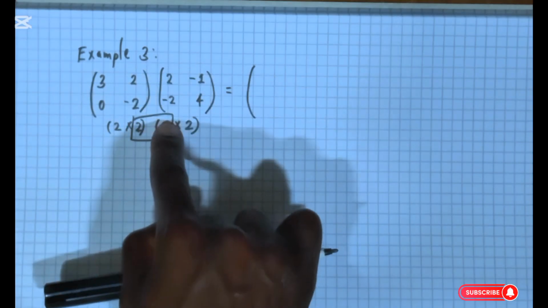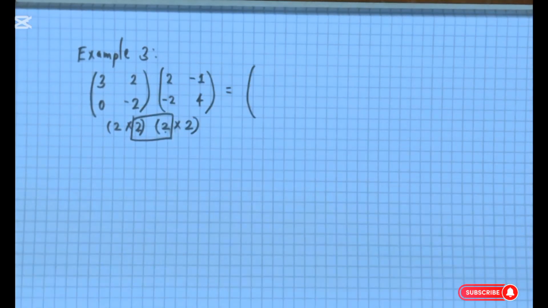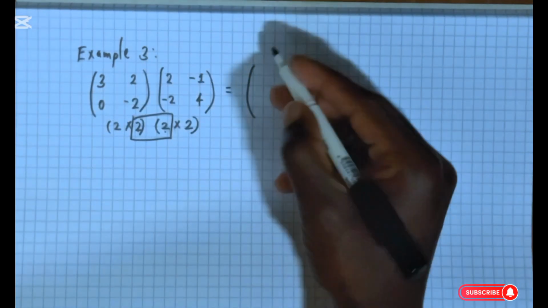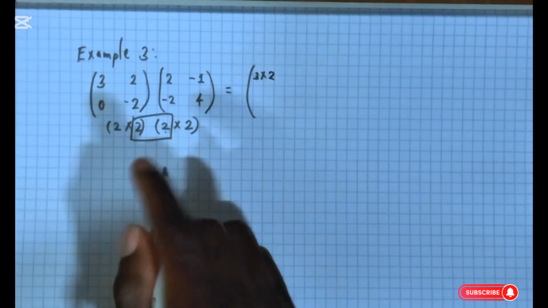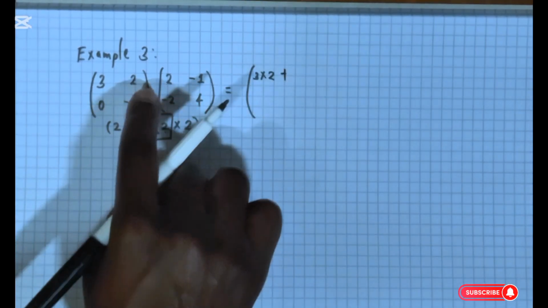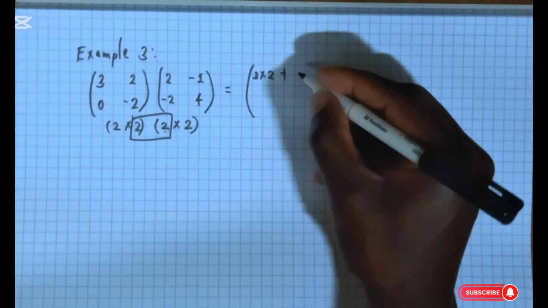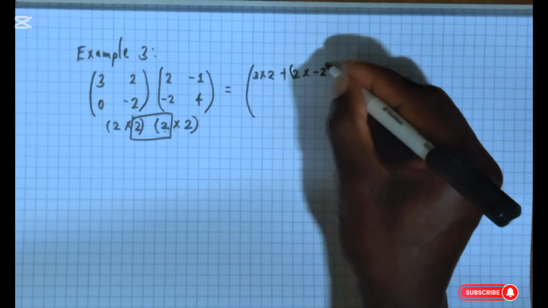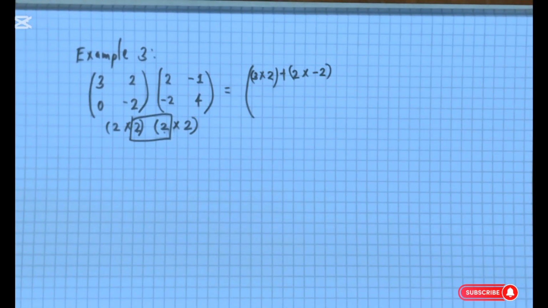All right, so we're going to start with column 1 to get the number that should be at the position row 1, column 1. So we're going to take 3 times 2, plus 2 times negative 2. We're supposed to add that, and that should give us a single number right there.